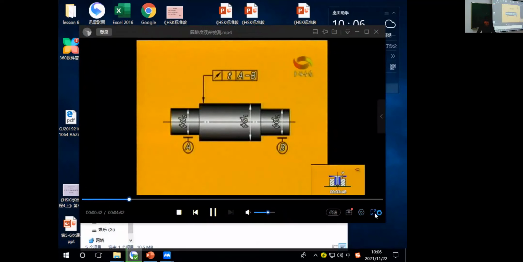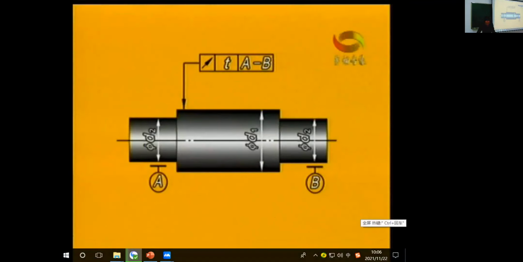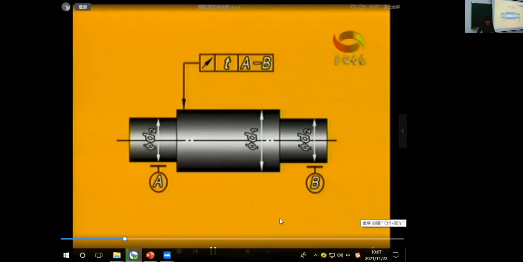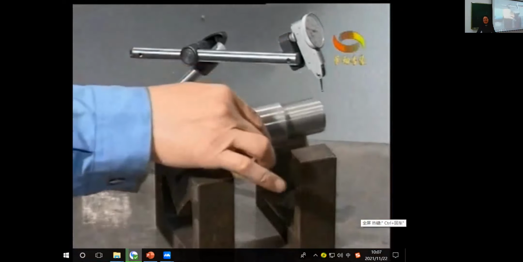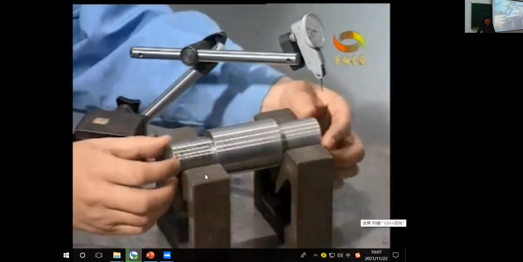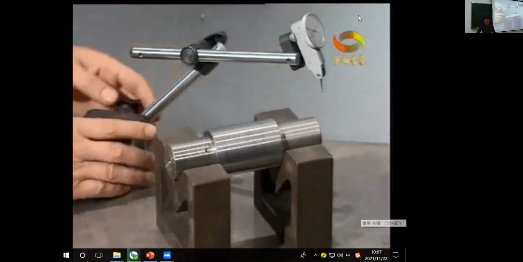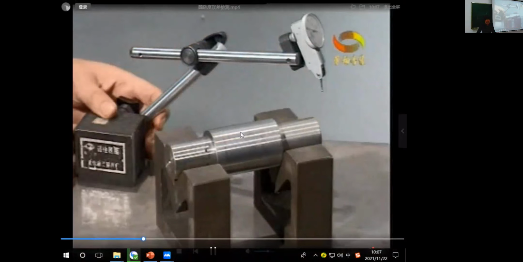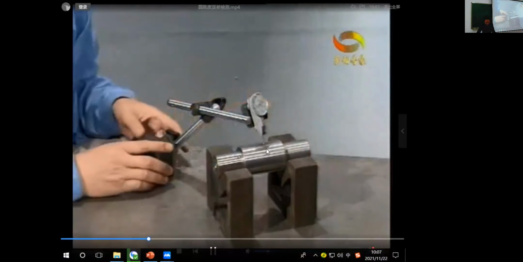Can you understand? The method is to use this one to measure within micrometers this runout.